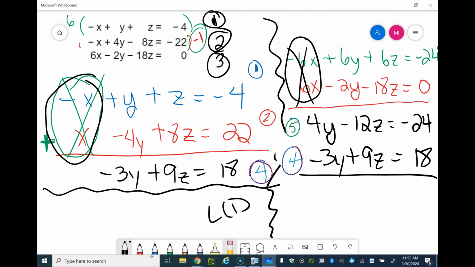Okay, so it looks like 12 would be the LCD. So we got to multiply the top one by what? +3, and then +4 for the bottom, right? That's right.